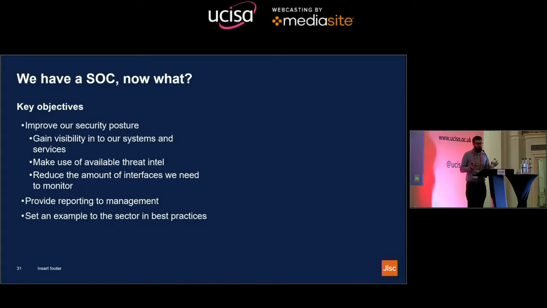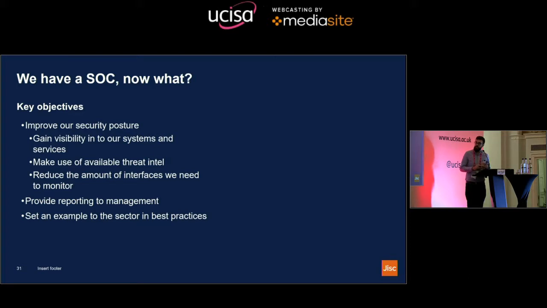So we have the Security Operations Center, and we need visibility into our systems. We have some key objectives around improving our security posture at our division, because ultimately, if we are a cybersecurity division, we should hopefully know how to do security pretty well.